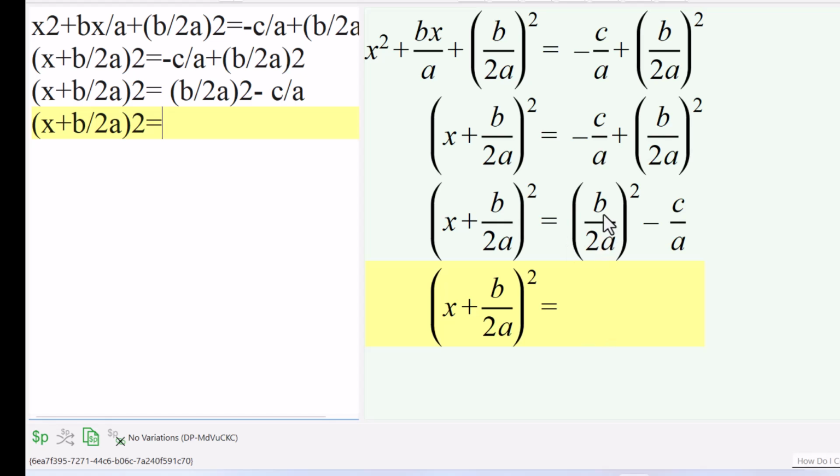If I open this bracket, I will have my b square divided by 4a square. Sorry, 4a square. So each of these terms in the bracket, they take the square. So b square, 2 square, a square. So b square is b square, 2 square is 4, a square is a square, which is now minus c over a. Now find the LCM of this part.